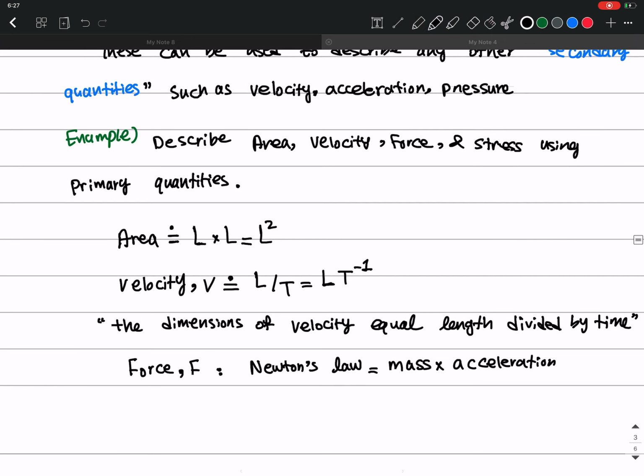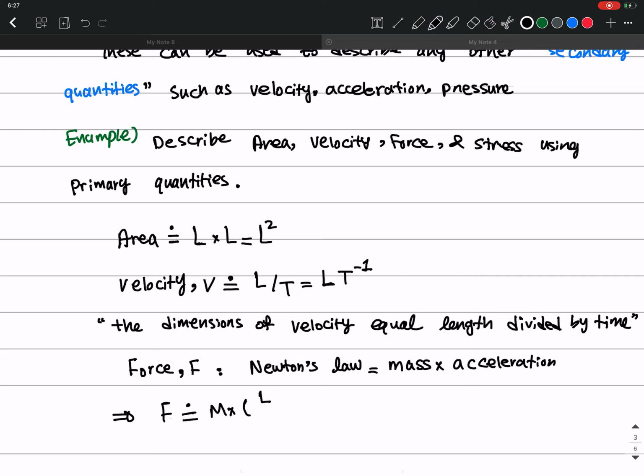So the dimension of force should be what? Should be mass times acceleration, and acceleration is what? Is length over time squared, right? Velocity is length over time, and acceleration is going to be length divided by time squared.